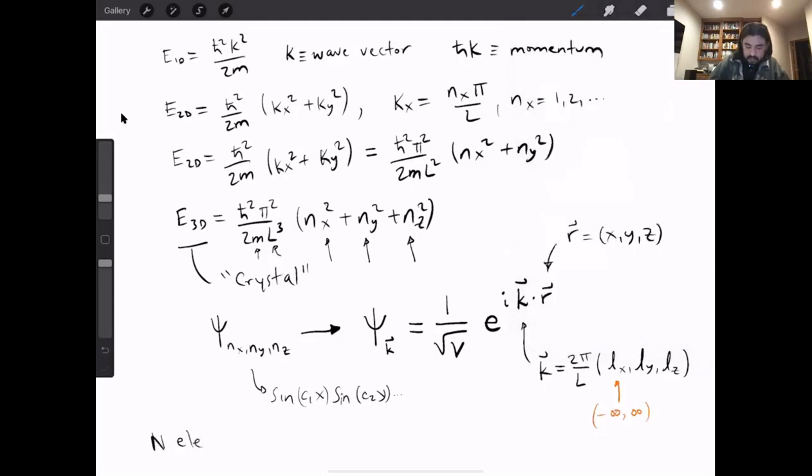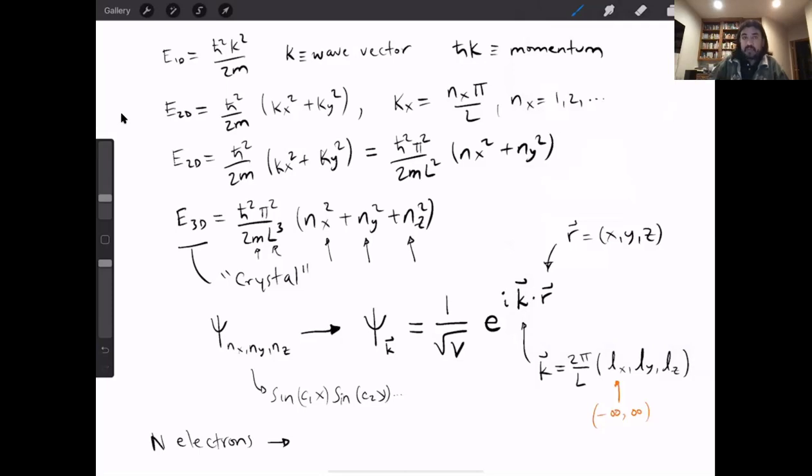The ground state that we want to build is such that, out of those n electrons, we put 2 electrons into the first single particle state, the one that has the lowest energy.